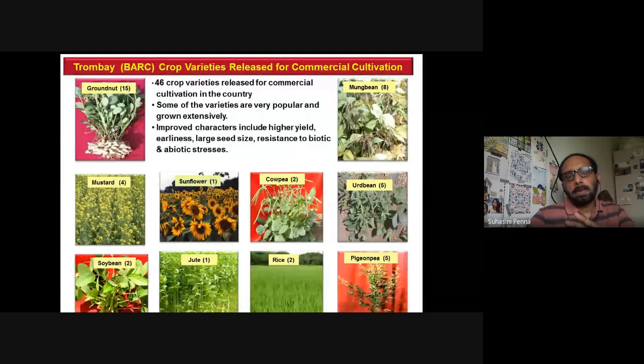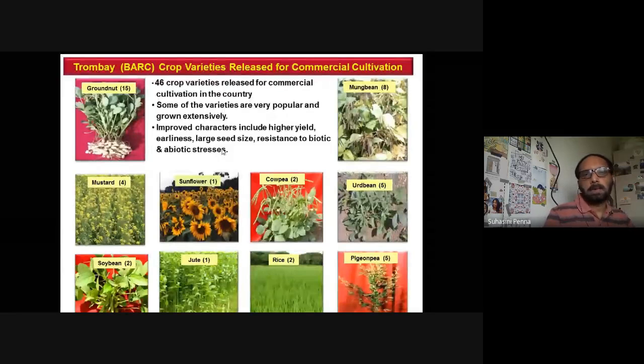So over the past three and a half decades, we have worked on several crops, and as you can see here, we have almost 46 mutant crop varieties which are released for commercial cultivation in the country, and some of these are very popular in the country.